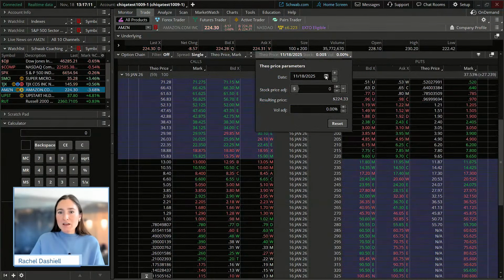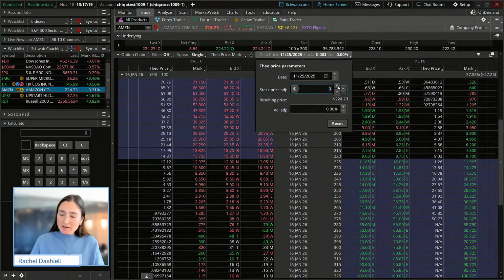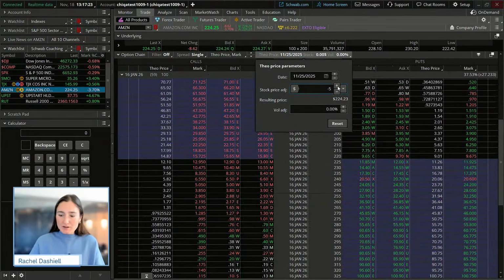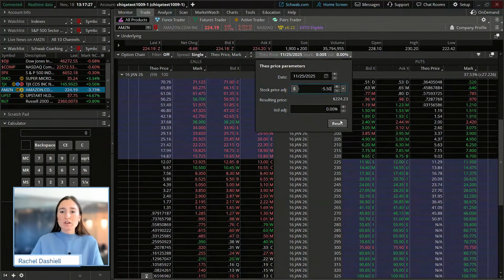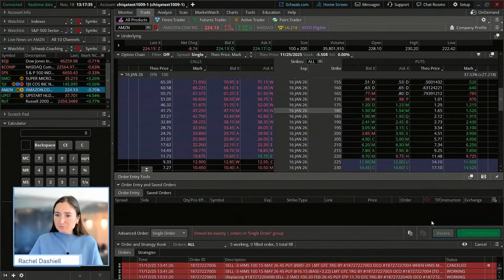So if we are looking a week out from now, so the 25th of November, and if the stock price goes down, let's say $5 or $5.50, let's say it makes half that move over the next week, that we would be possibly looking for towards that level of support.